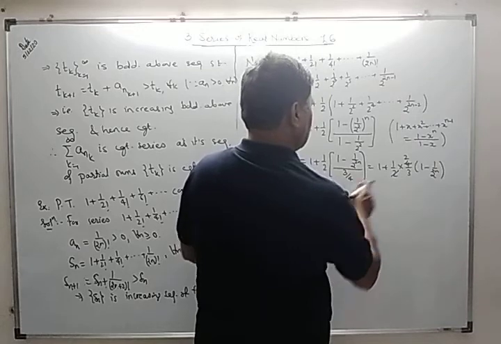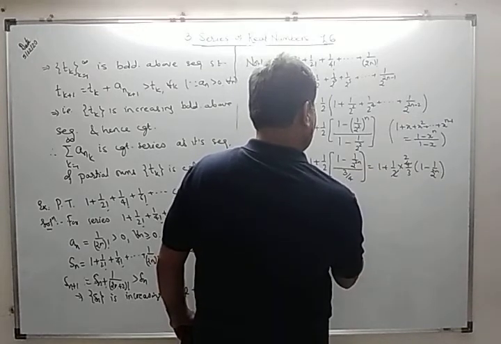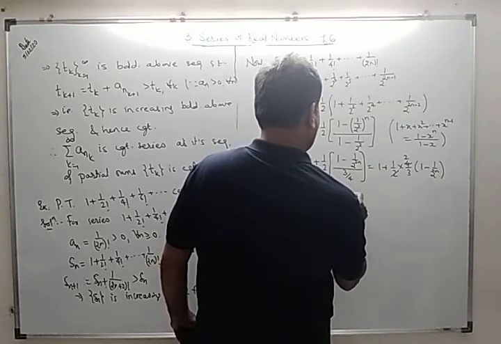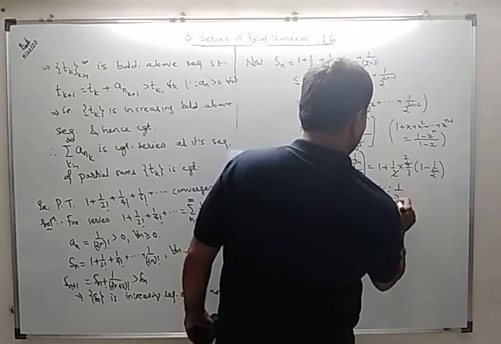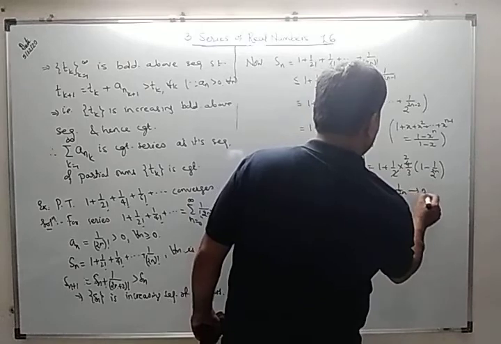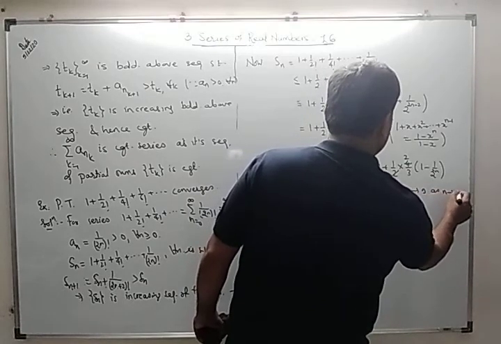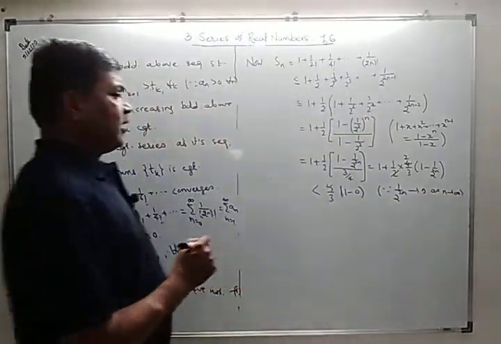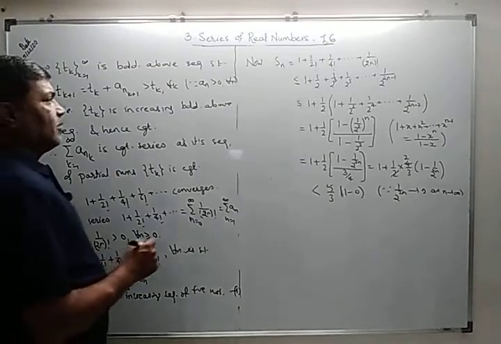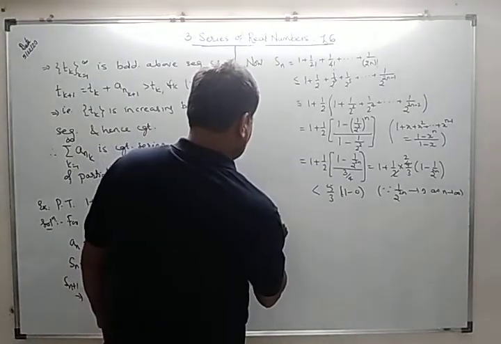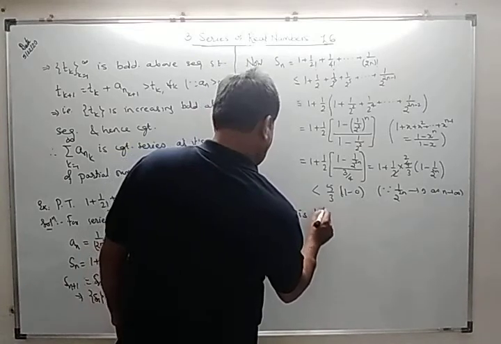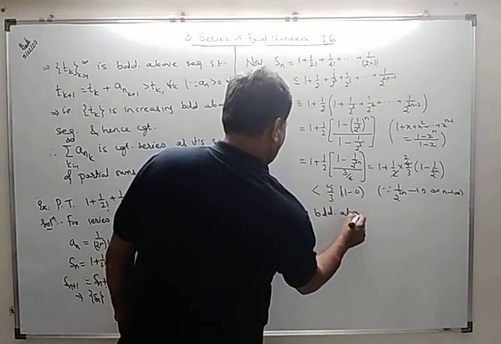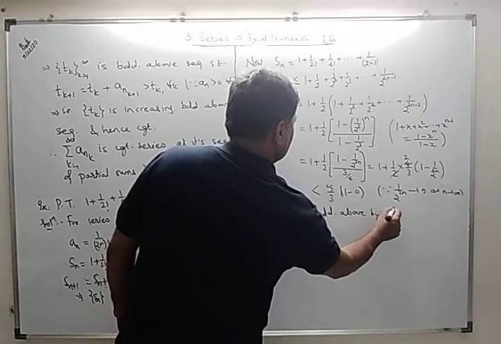So, it is nothing but 5 by 3 into 1 minus 0, since 1 upon 2 raised to 2n tends to 0 as n tends to infinity. This implies Sn is bounded above by 5 by 3.